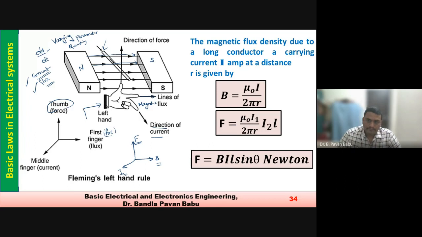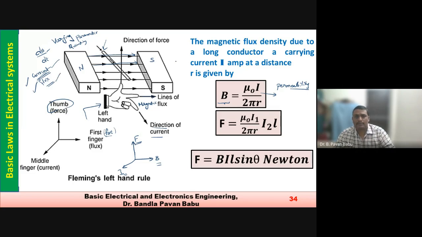As per Biot-Savart's law, B equals mu naught I by 2 pi r, where mu naught represents the permeability and I represents the magnitude of current. As I said already, one varying quantity should be there, which may be varying current or varying flux.